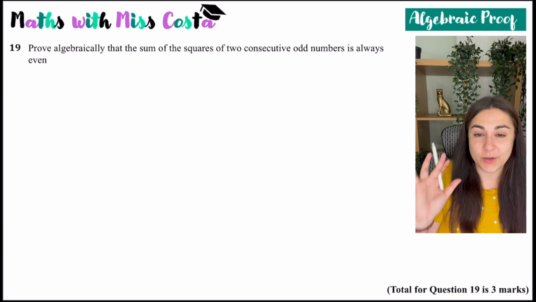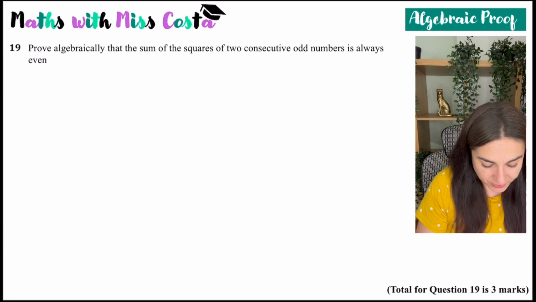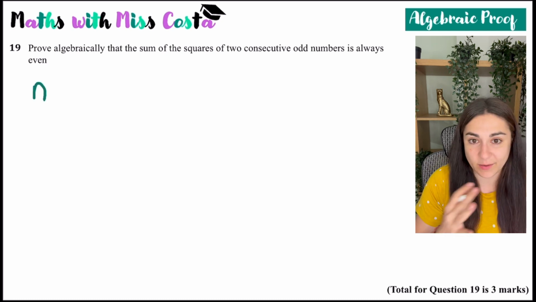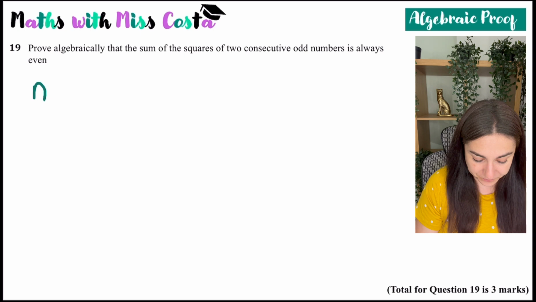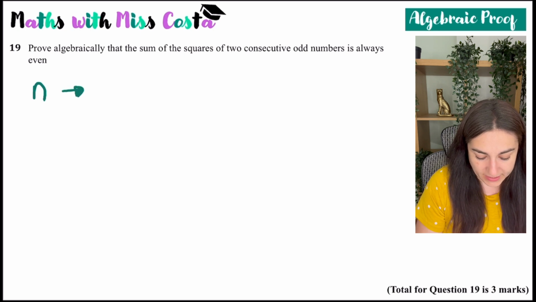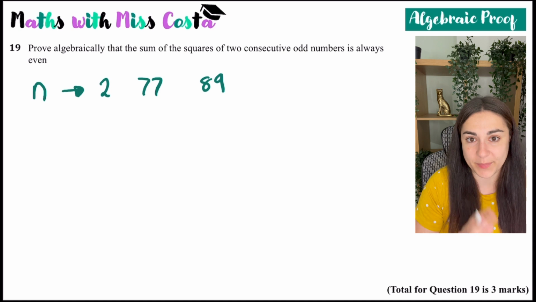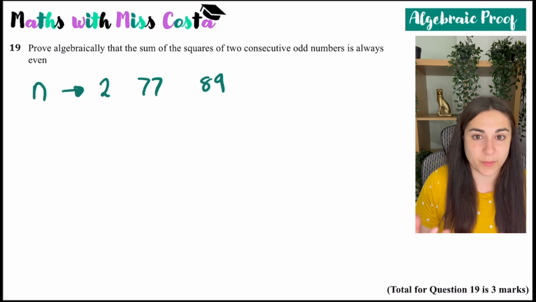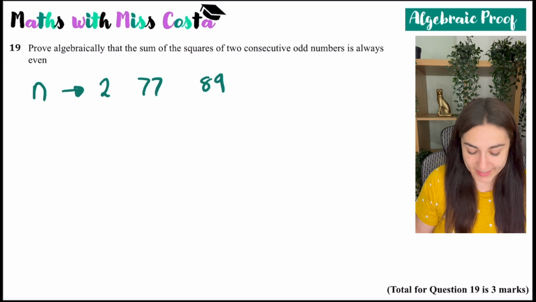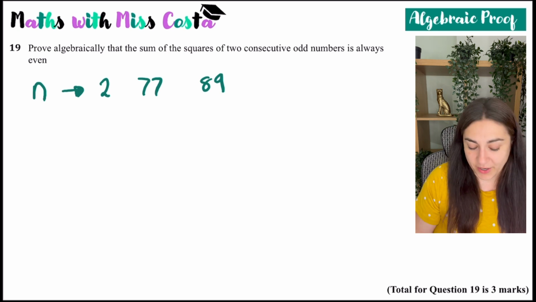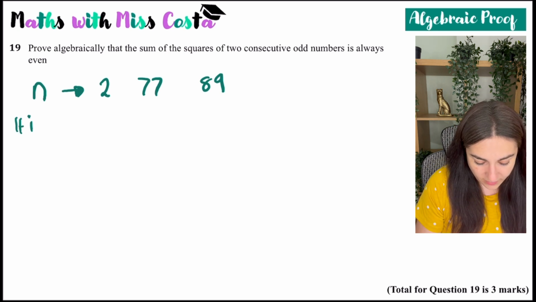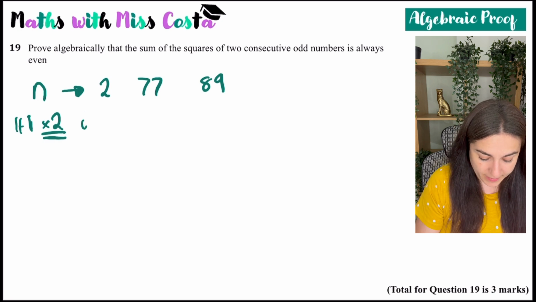So imagine you have any number. Generally you call any number n. n could be 2, it could be 77, it could be 89, it could be anything. So n could be odd or even. I don't know whether it's even or odd because I don't know what it is, but I know that if I multiply anything by 2, it becomes even.